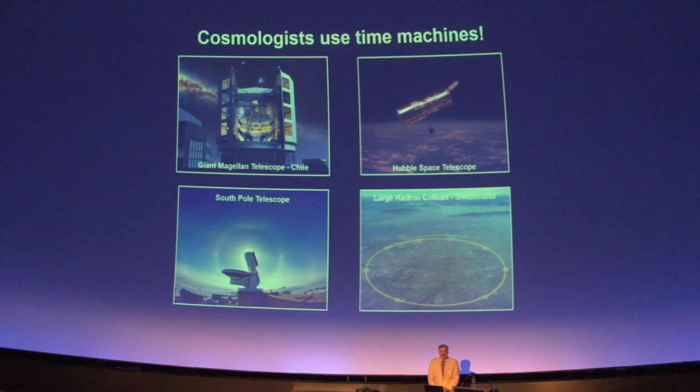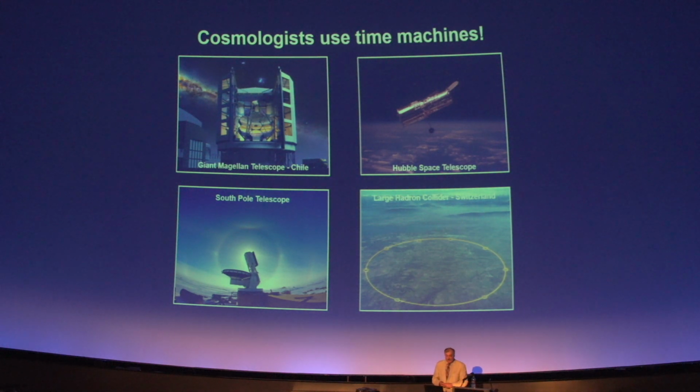The time machines we use are telescopes. And here are some examples. The Giant Magellan Telescope in Chile that we're involved with. The South Pole Telescope that we manage at the South Pole. The Hubble Space Telescope, named after Edwin Hubble. And I will argue that the Large Hadron Collider in Switzerland is a telescope.